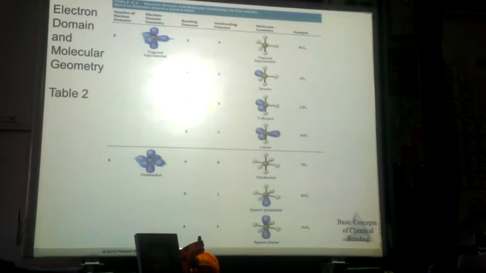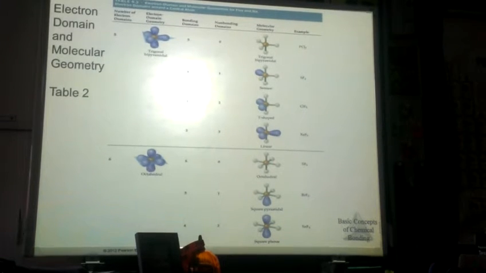If I look at the 5th one, there are 4 different types that it could be. 5 electron domains is trigonal bipyramidal. If I have 0 non-bonding and the rest are all bonded, it stays trigonal bipyramidal. If there's 4 bonding, 1 non-bonding, it's called seesaw. If there's 3 bonding and 2 non-bonding, it's T-shaped. And if there's 2 and 3, it's linear.